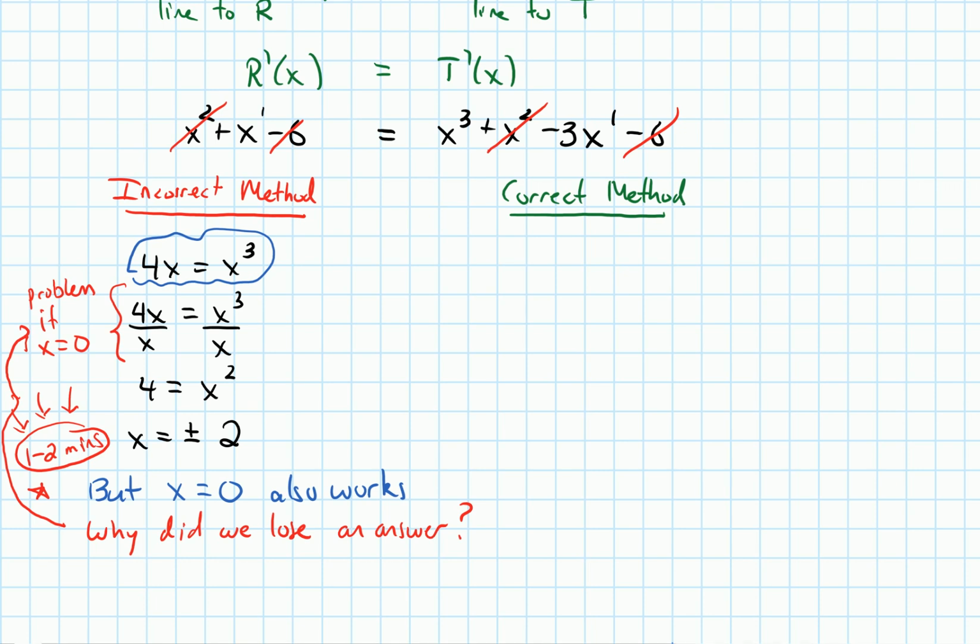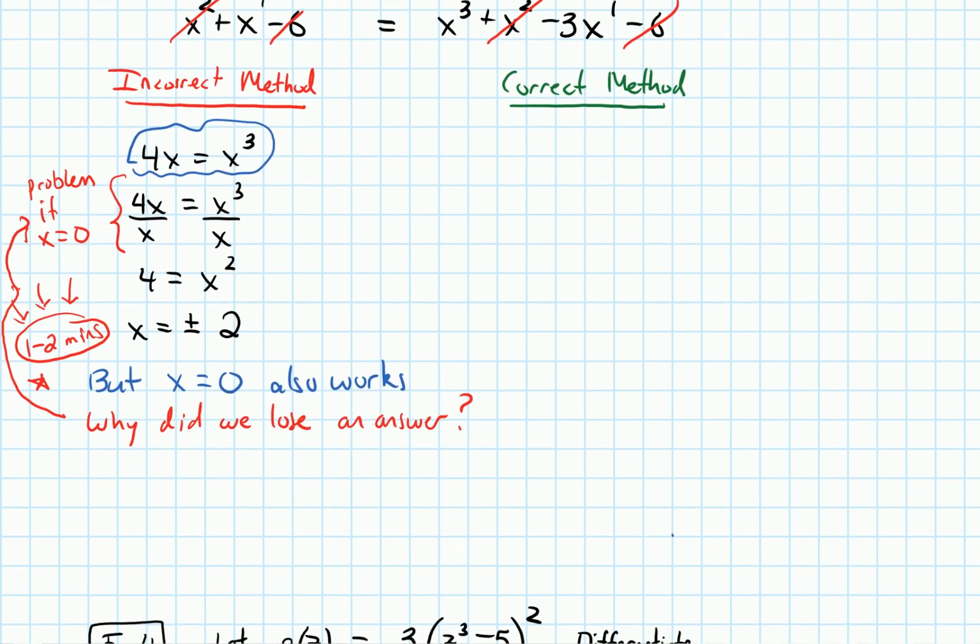So the moral here, the key takeaway, now that we've identified that error, is we actually never want to divide both sides of an equation by a variable.